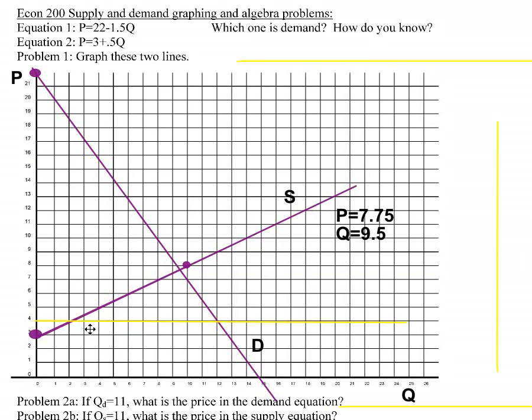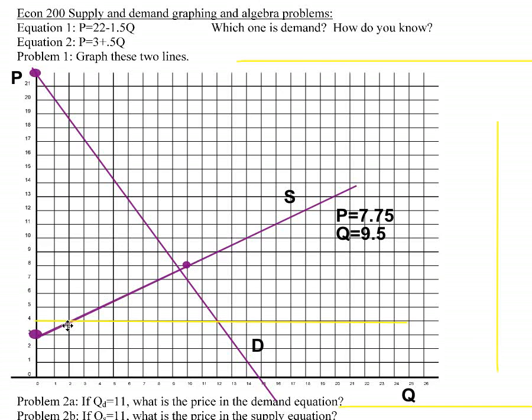Now, at that price of $4, let's look and see what the demanders would be thinking at that price. The quantity demanded at a price of $4, we can look at this equation and plug in $4. We'll do that in just a second, but let's look at the graph. Price is 4, the quantity demanded is 12. People want to buy 12 units at a low price. Makes sense. Now, what are the suppliers thinking at that low price?